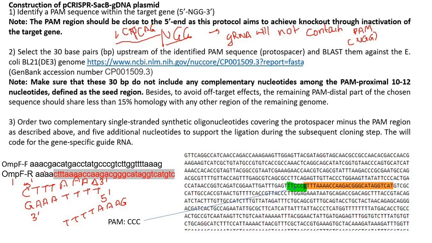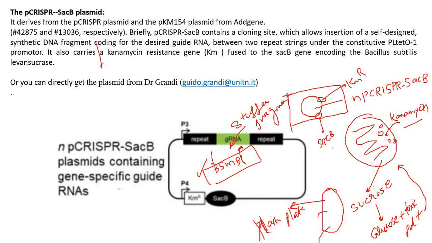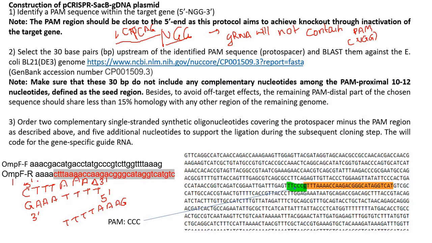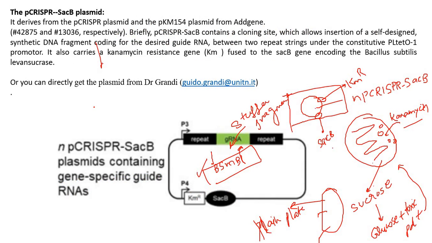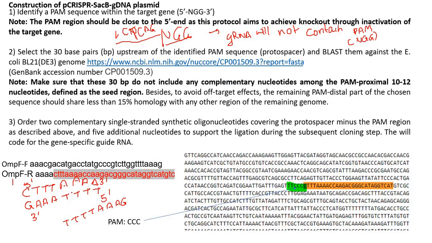In this plasmid, they have the BsmBI sites. As I told in my previous lectures, you should see that lecture if you want to understand why we are adding AAAC and AAA in the primers.